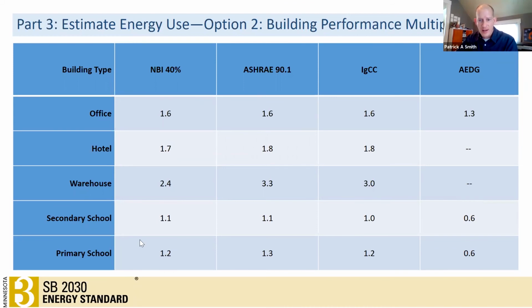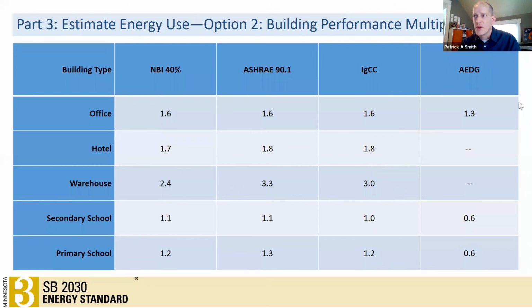You also have, if you're a secondary school and you're using the IGCC, sufficient efficiency measures there, again without bringing renewables on, that we're able to consider that compliant with SB 2030 because of the measures that are included. Warehouses are particularly tricky, so we're not getting to 2030 targets or particularly close with these measures, but they are still available for project teams.